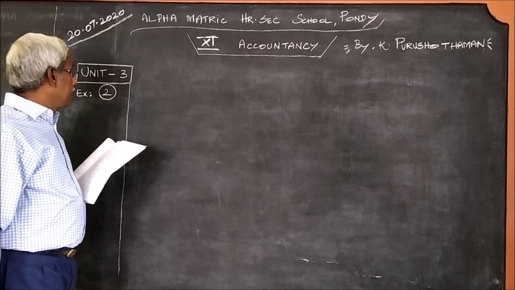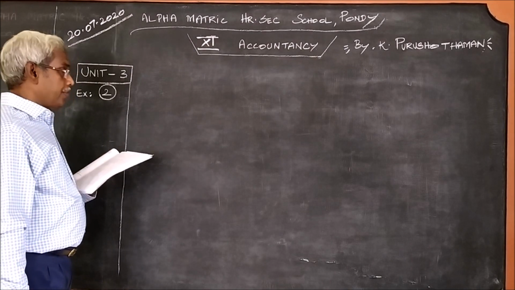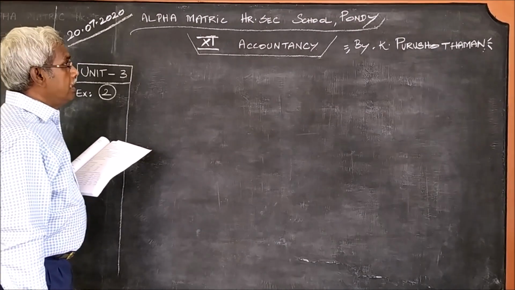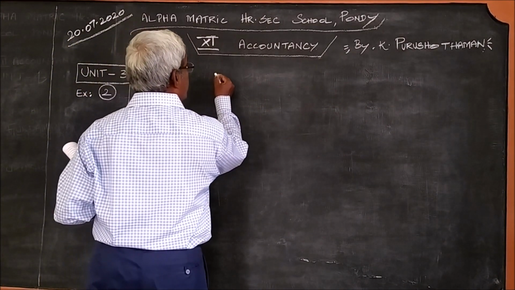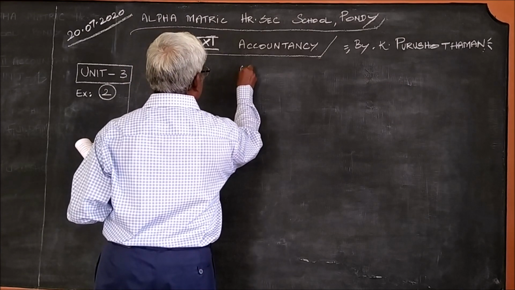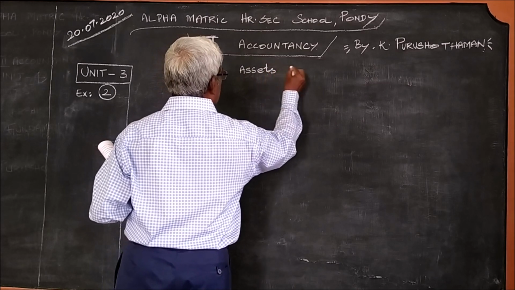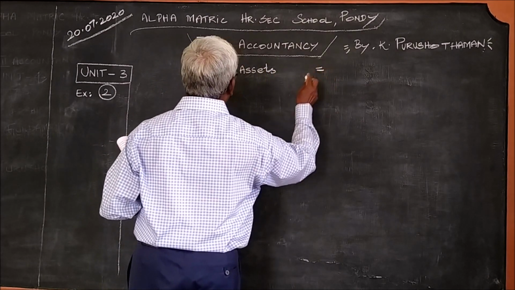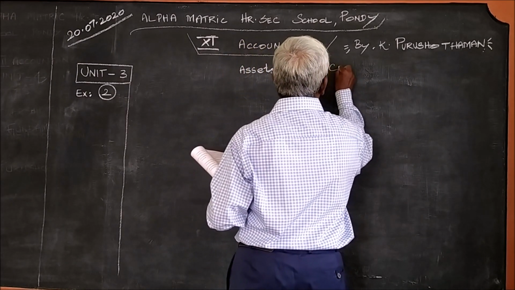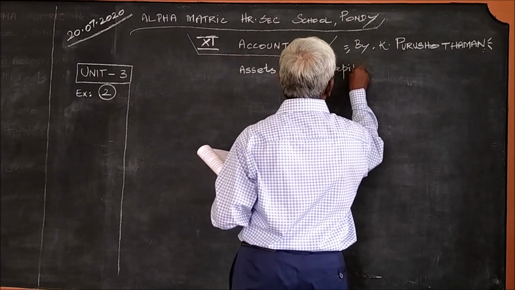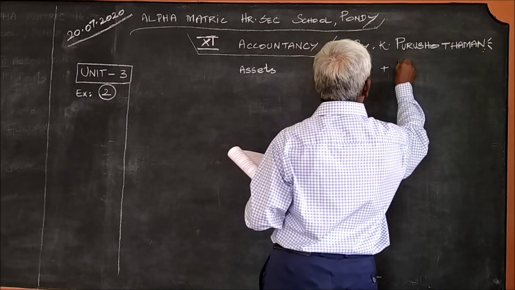Now let us see the second problem from the exercise. The accounting equation consists of three terms: assets equal to capital plus liabilities.